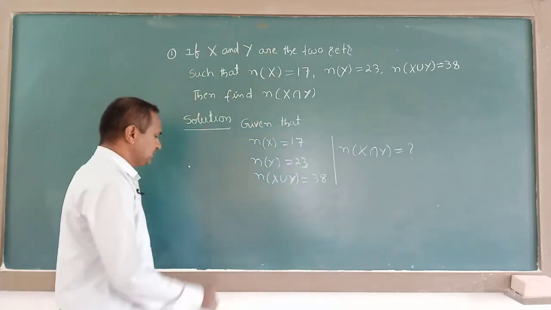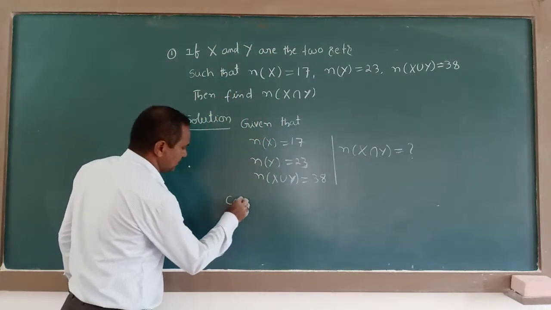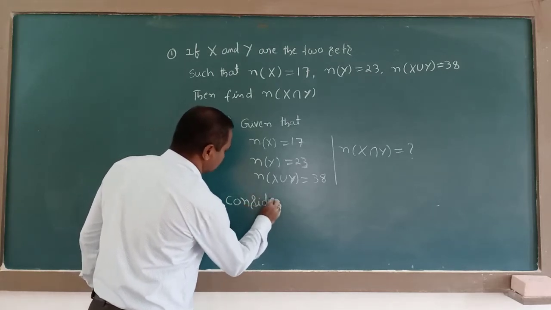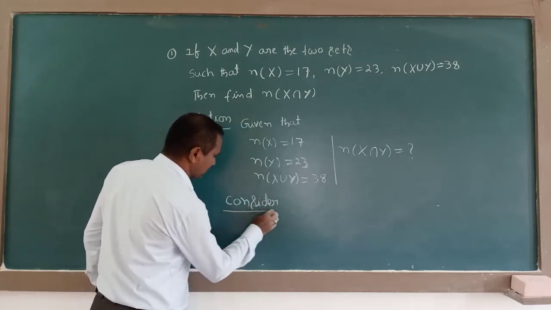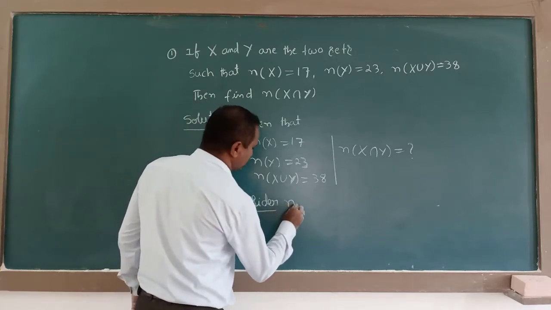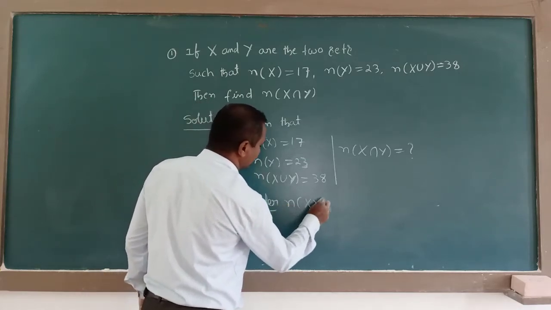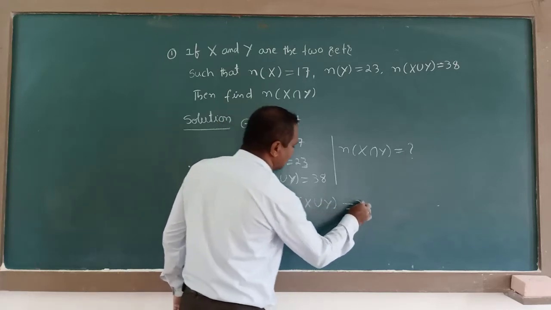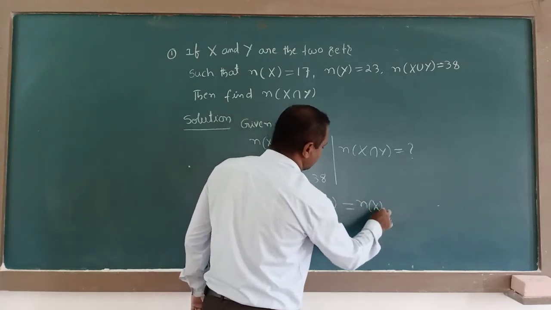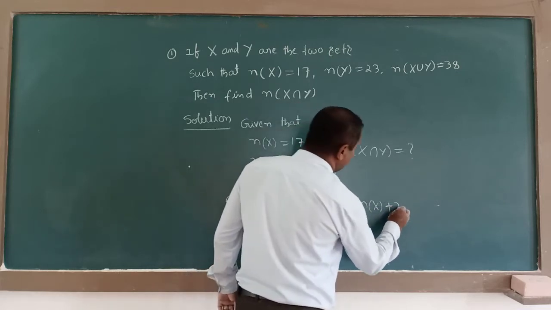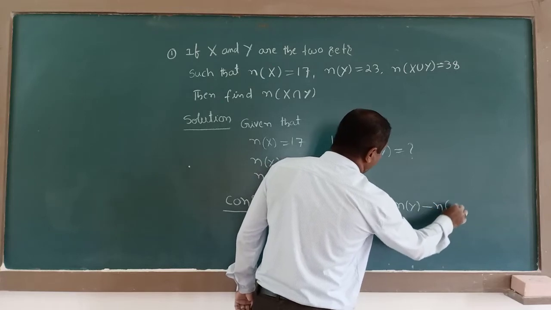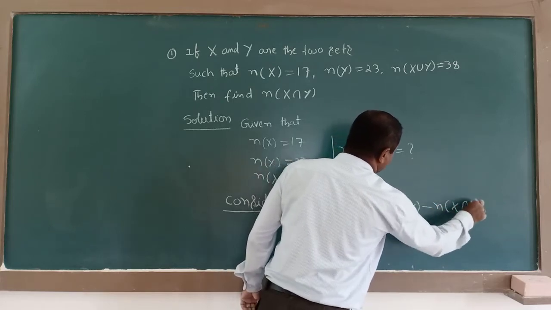See here. Consider n of x union y is equal to n of x plus n of y minus n of x intersection y.